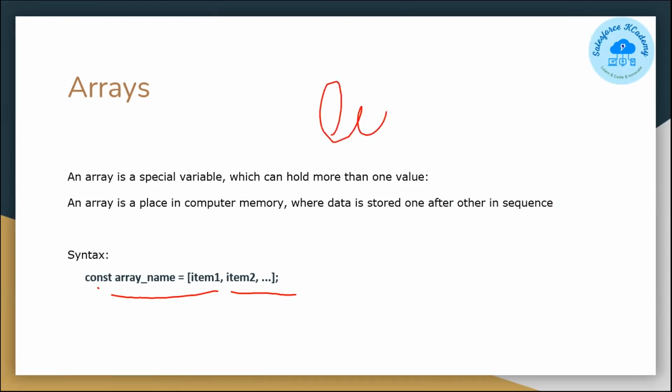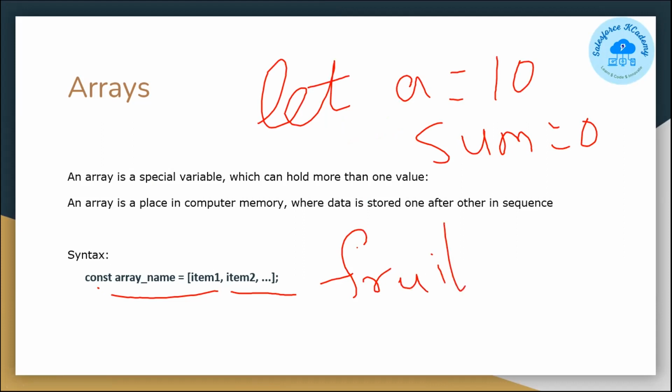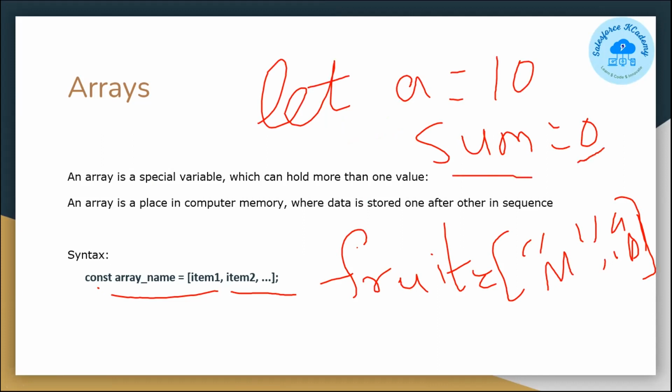Till now you have seen, like, let a equals 10 or let sum equals 0. But you haven't seen, like, let fruits equals mango, banana, like that. Whatever we have seen is single variable, single value.